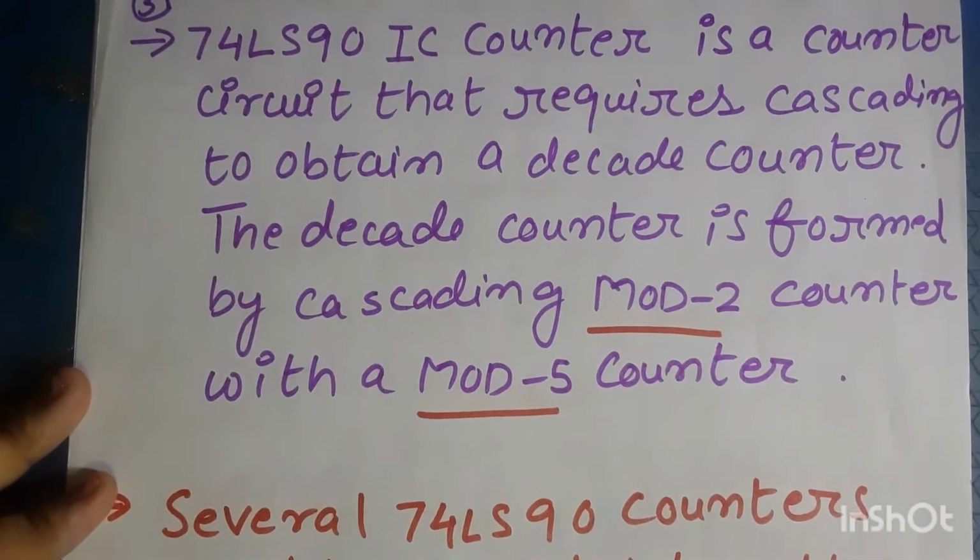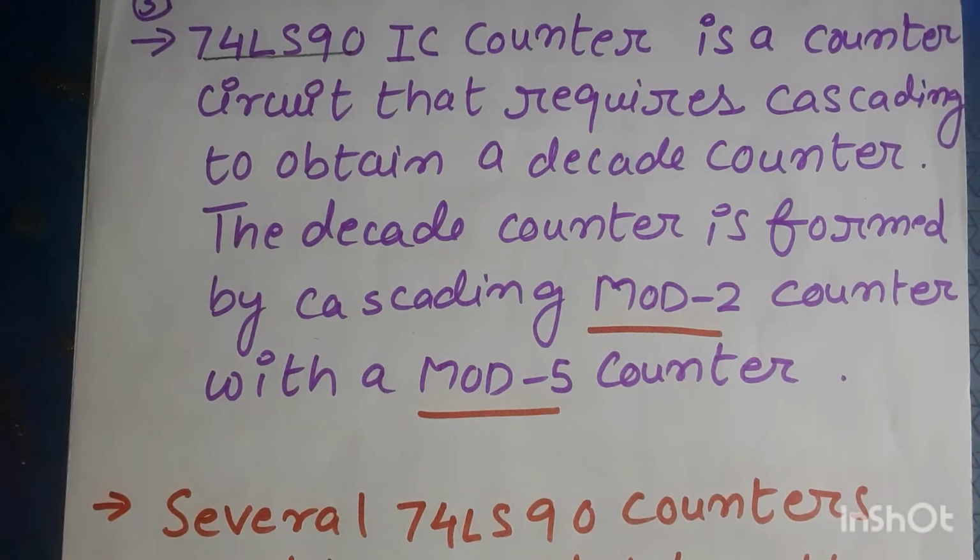Now, the 74LS90 IC counter. This is the IC chip 74LS90. It is a decade counter formed by cascading a mode 2 counter and a mode 5 counter. 2 times 5 is 10.